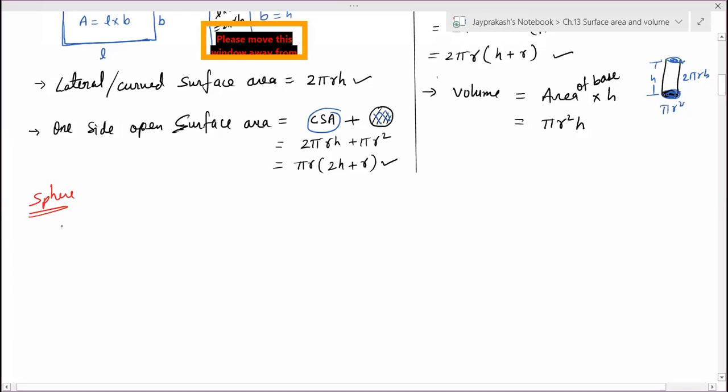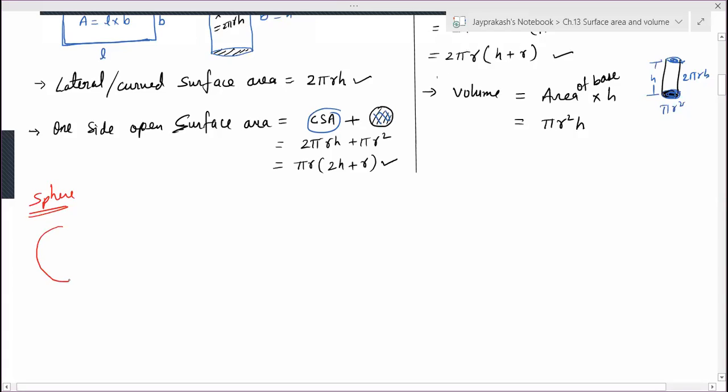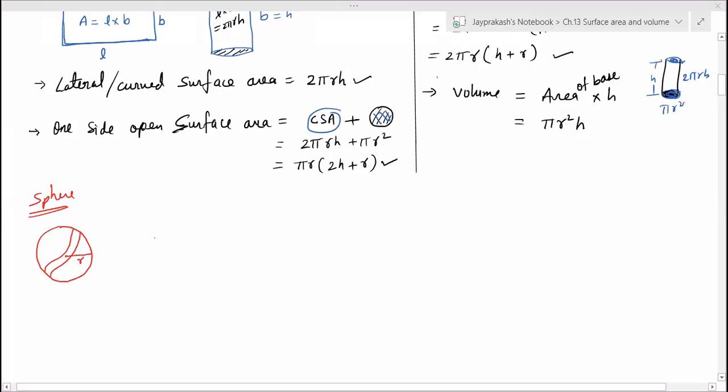Sphere. So a sphere is like a cricket ball, and this one is the radius of the sphere. When we talk about the lateral surface area, curved surface area or total surface area in the case of a sphere, these three are the same.